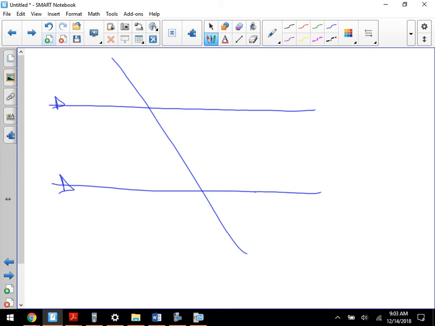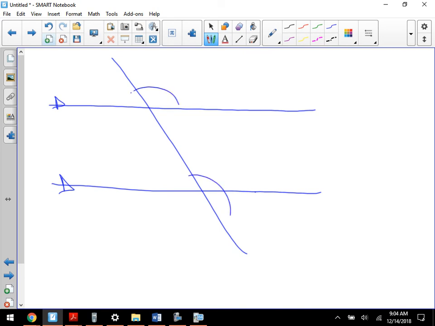Angle pair relationships, you had four types of angles that we dealt with. We had corresponding, alternate interior, alternate exterior, and consecutive interior. And it's just a matter of figuring out which ones are which. Corresponding were same side, same position.